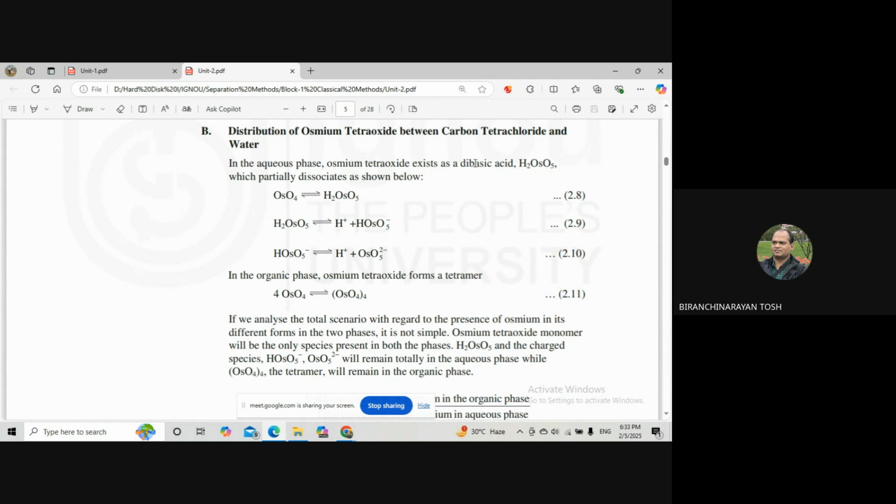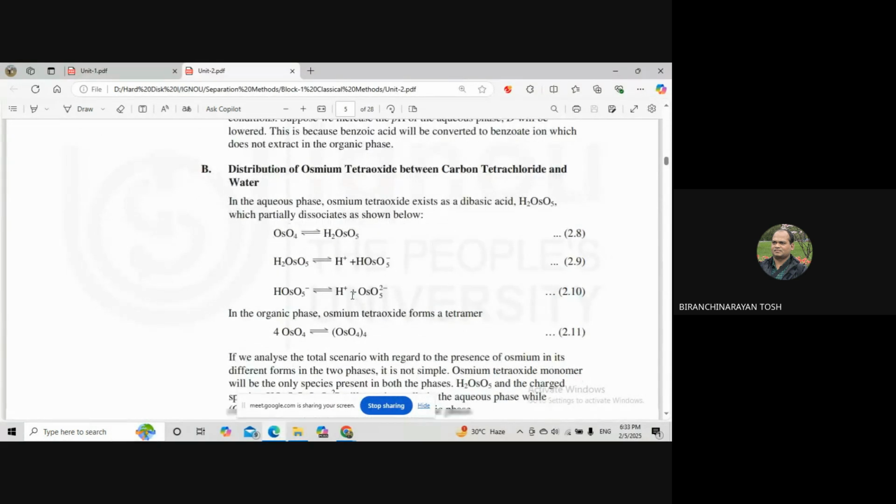So it will remain as a dibasic acid which partially dissociates to H+ and HOsO5−, and in the second step gives H+ and OsO5 2−. And in the organic phase, osmium tetroxide forms a tetramer. Four molecules of osmium tetroxide tetramerize to produce the tetramer.